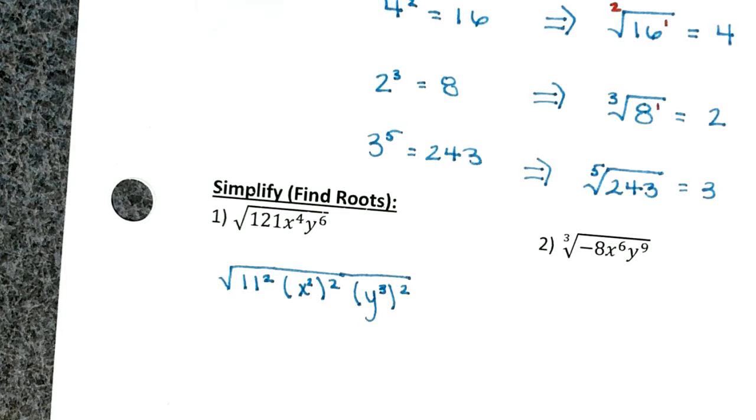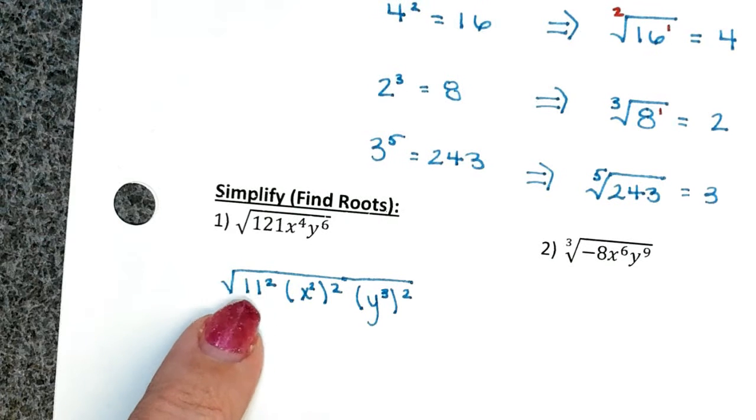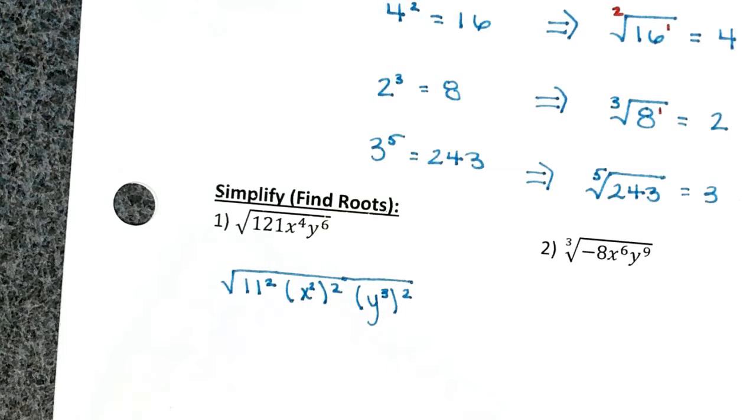Okay. So if you square root 11 squared, what do you get? Well, if you square 11, you get 121. But if you square root it, what do you get? 11, right? Because if you square root something that's being squared, doesn't it undo it? Aren't those like inverse operations?